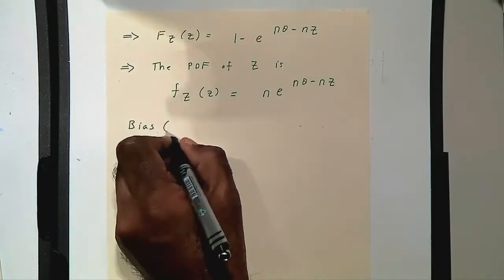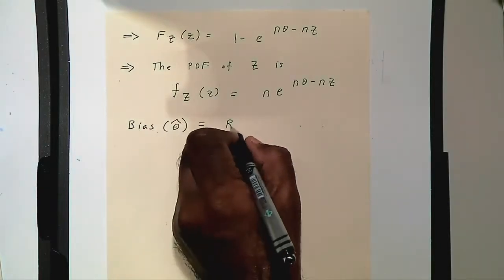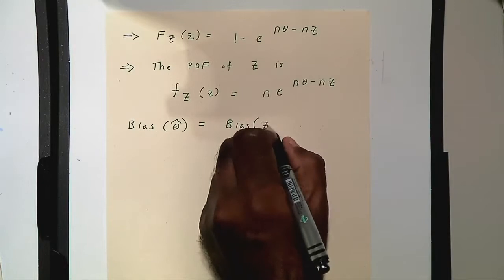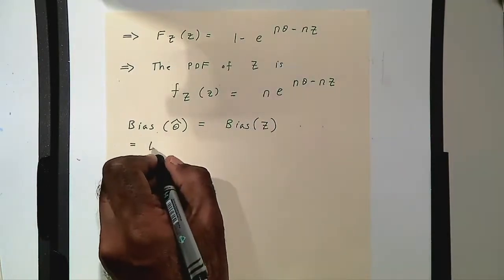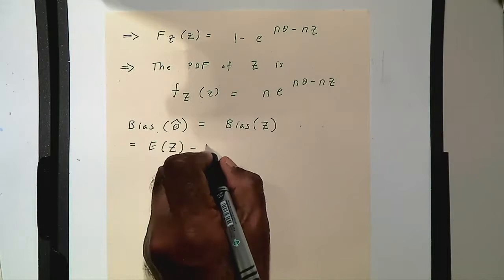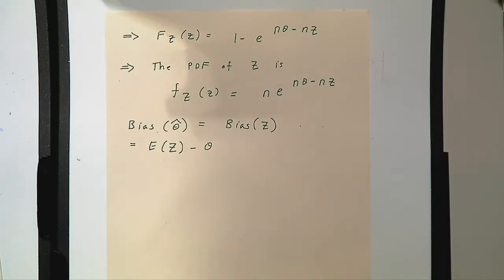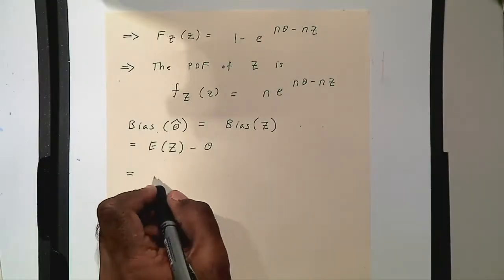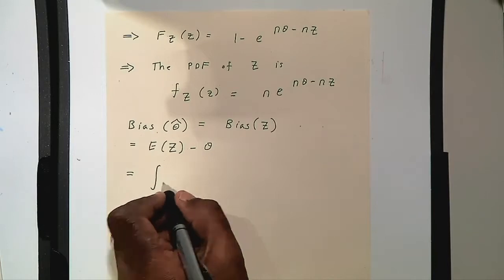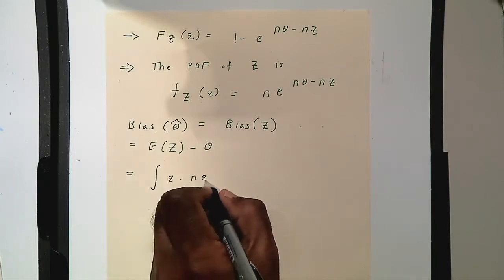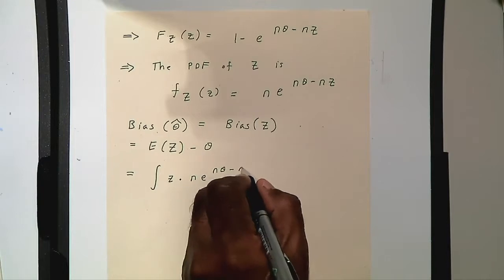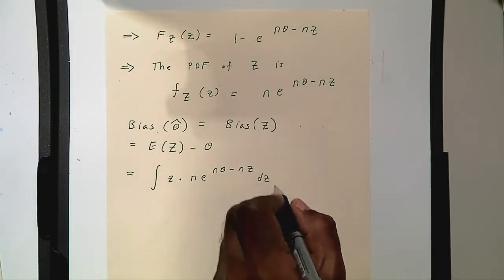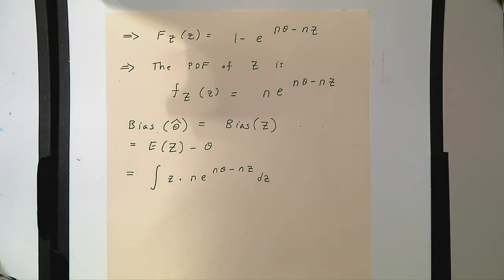So the bias of theta hat, which is the same as the bias of Z, right, is equal to the expectation of Z minus theta, okay? Now, to find the expectation, we need to use the PDF, right? Now, this is where this should be x greater than theta, guys.